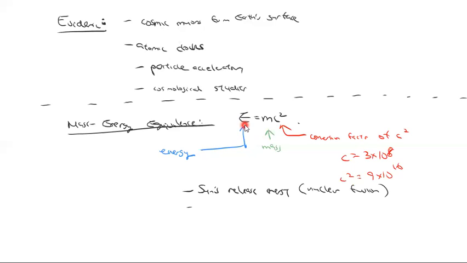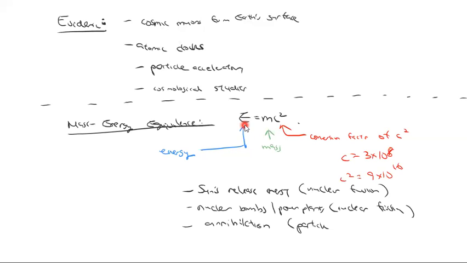It also applies to nuclear bombs or power plants, and that's nuclear fission. And it also, of course, applies to the most simple case of annihilation, when you have a particle plus an antiparticle. That one's the most efficient. That's total conversion.